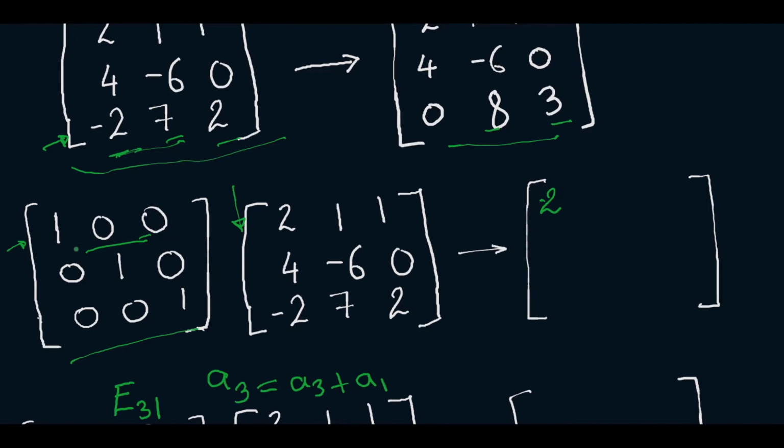Multiplying the same row with the second column gives us 1, and the third column gives us 1. Now multiplying the second row with the first column, we get 4, then minus 6, then 0, and similarly for the third row, multiplying it with the matrix gives us minus 2, 7 and 2.